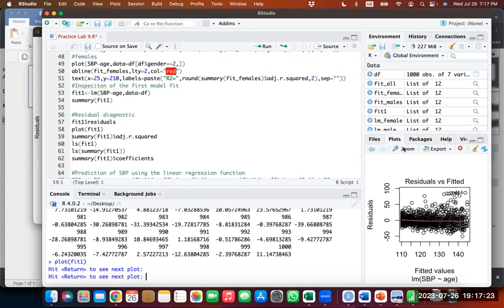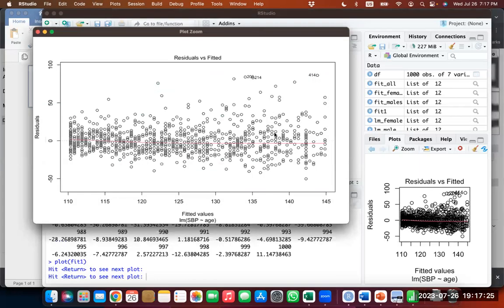And now this is getting interesting. This is one of these diagnostic plots. We're getting our fitted values, SPP versus age, and this is our blood pressure. And these are the residuals. So what do we want to see here? We want to see a straight line because we want to have a homoscedastic relationship, right?